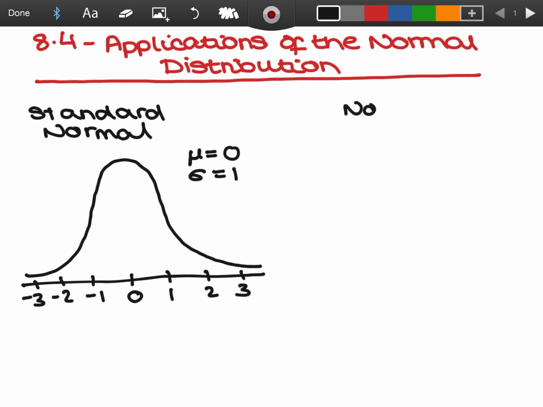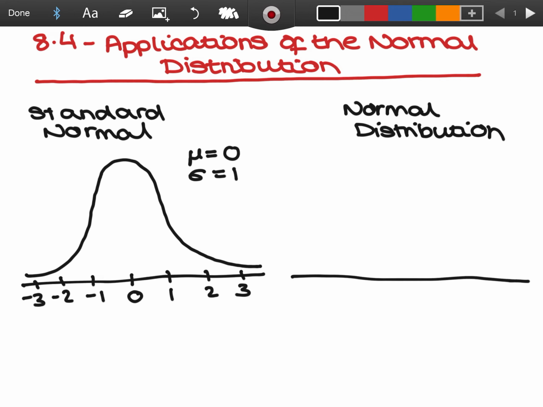Okay? With any other normal distribution, which is what we're going to look at today, it's not necessarily the standard normal distribution. You may come across a situation where you've got this normal distribution curve, but your data may be centered at any random value. Your mean is no longer 0; it's any value, not necessarily 0. And your standard deviation may not be 1.